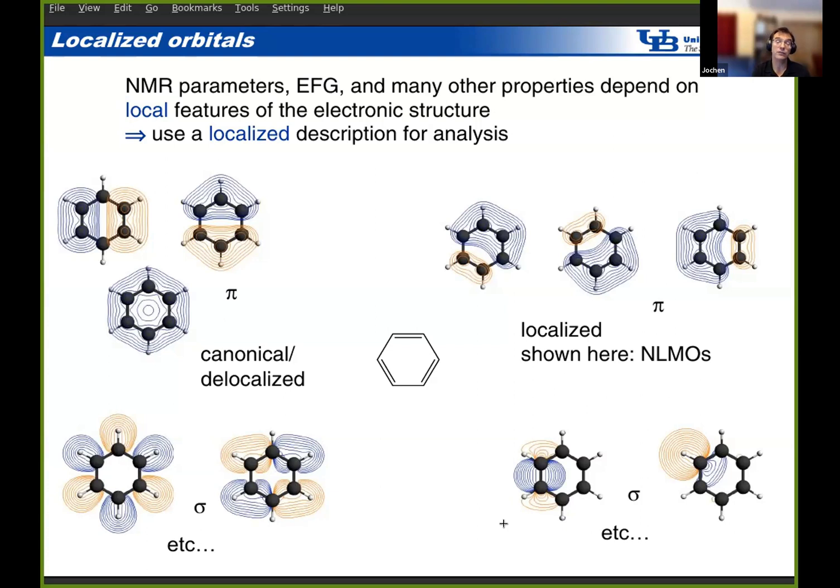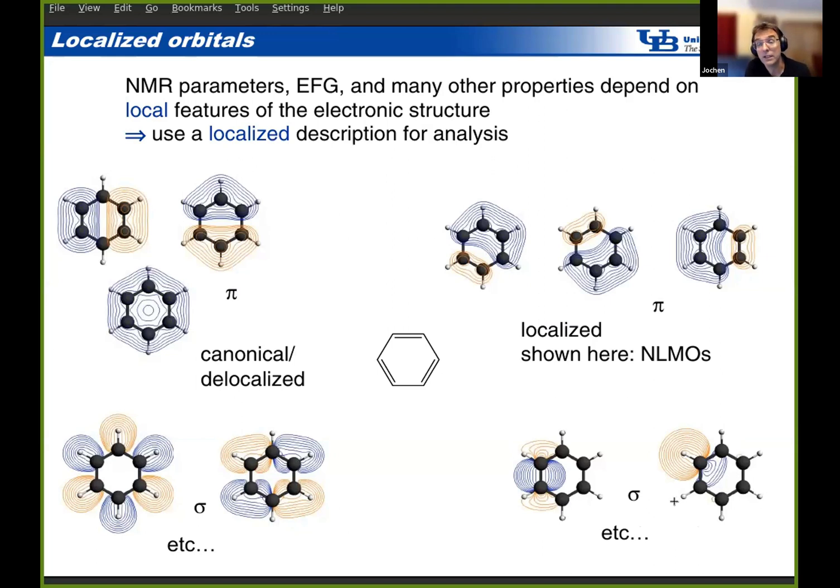So I'm showing here, for example, the famous case of benzene, where we all know that the pi system cannot, in fact, be localized. So on the left, we're looking at some canonical molecular orbitals as they come out of the SCF calculation for sigma down here, pi up here. If you localize the orbitals on the right, you get well-localized sigma orbitals, which I represent here by contour line diagrams in the molecular plane.